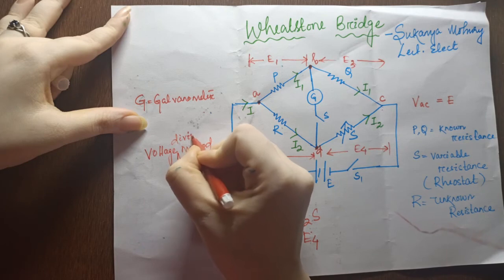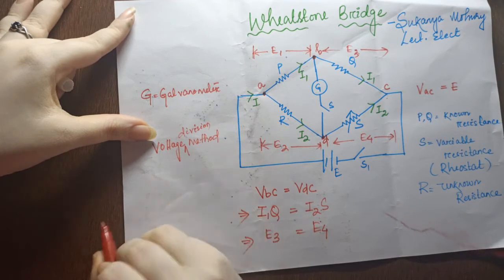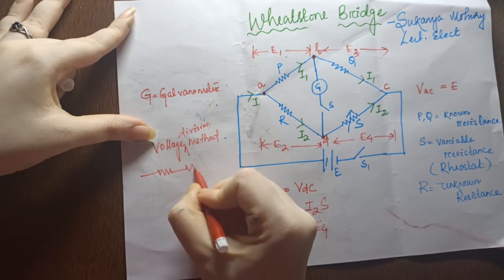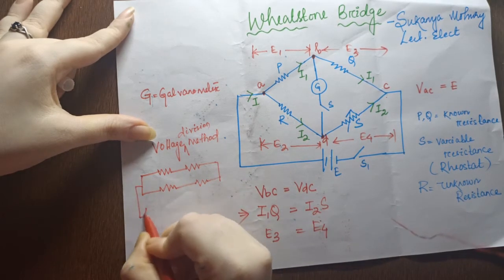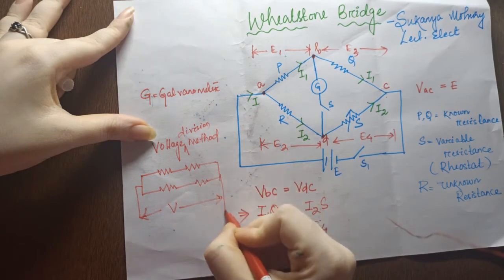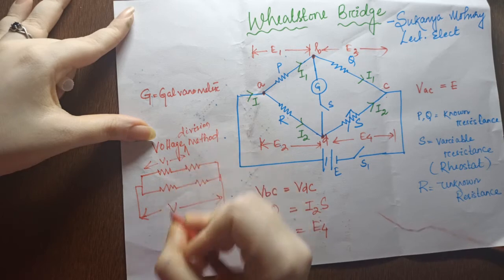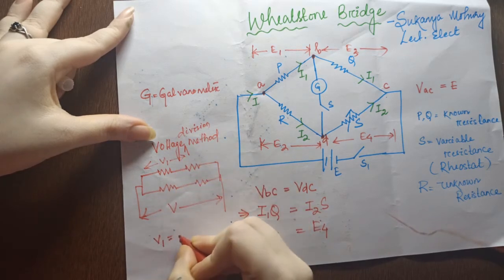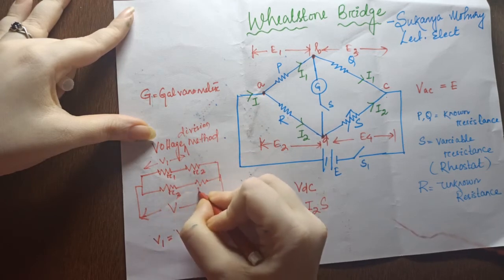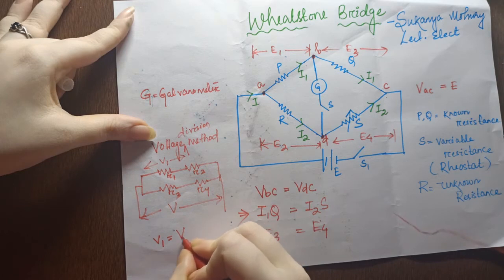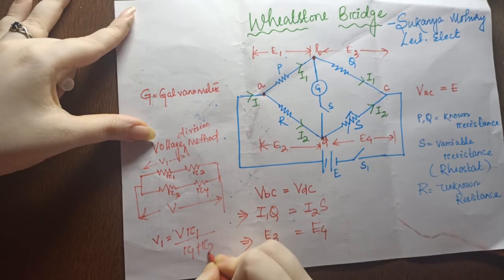In voltage division method, when you have this type of arrangement and you know the total voltage, then the potential difference across this is given by V1 is equal to V into, if this one is R1, this one is R2, this one is R3 and this one is R4, then V1 is equal to V into R1 by R1 plus R2, isn't it?